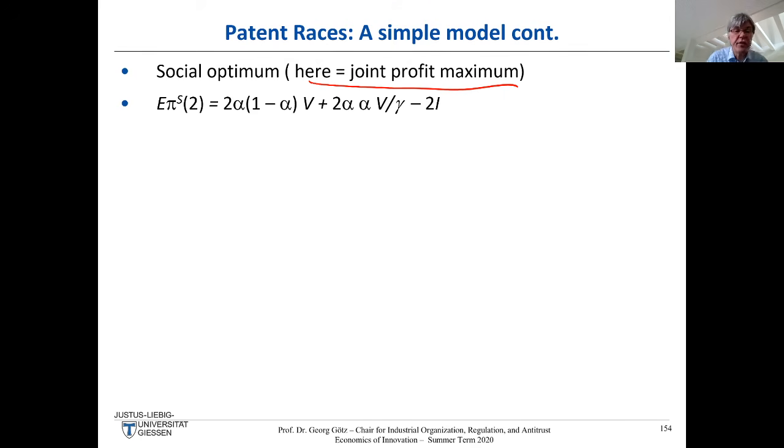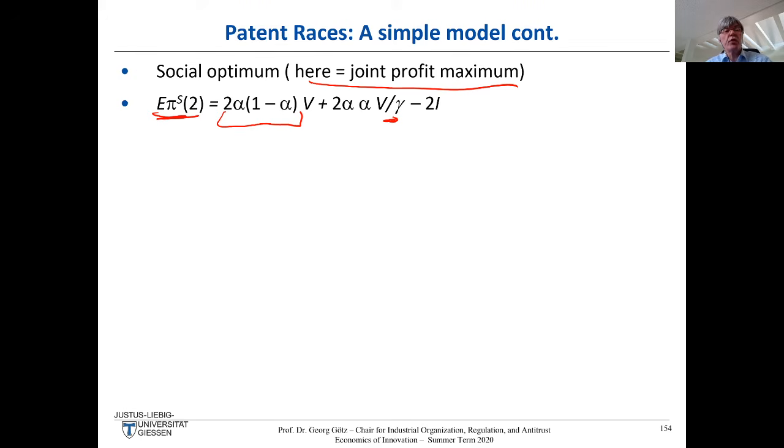And you see that there is some tension here. So here the point is this joint profit. If you have 2 firms investing in R&D, what are you getting? Well, here is under what circumstance do you get the V? You get the V if, and here you have the gamma.